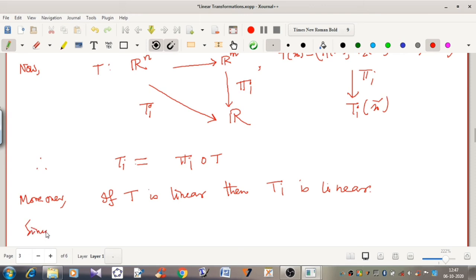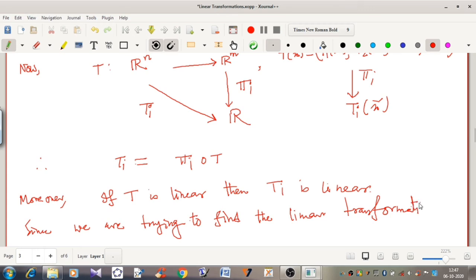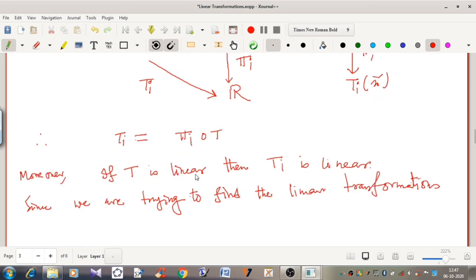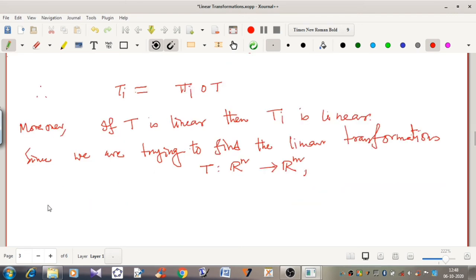Since we are trying to find the linear transformation T from the vector space Rn to Rm, obviously Ti is linear.